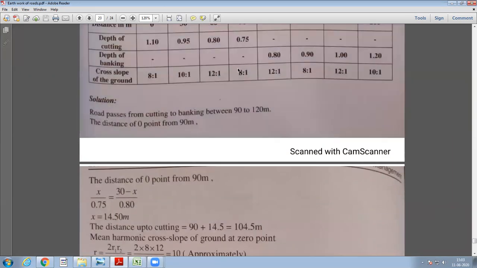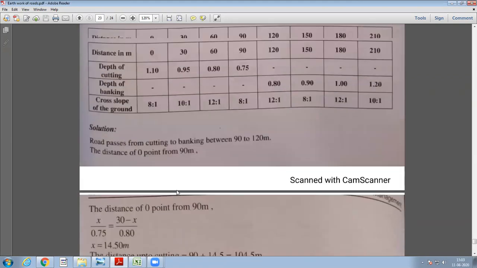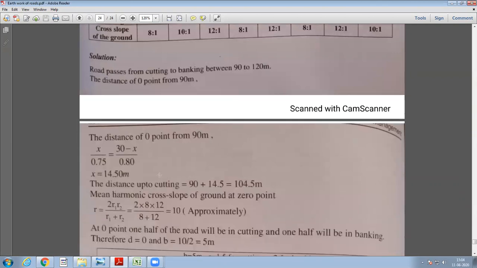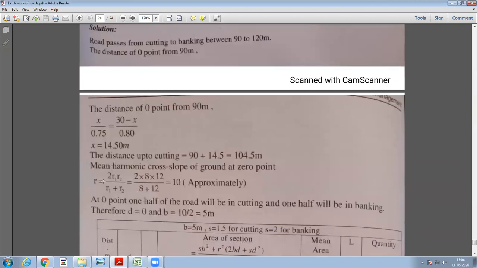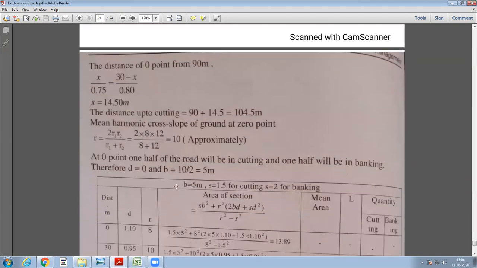Observe, R1 is 8 and R2 is 12. Why have we chosen only these two? Because only at these 2 points there is a change from cutting to filling or filling to cutting, whatever it is. So we will get the R value as 10 approximately. We'll keep this. I'll show you where to use it.